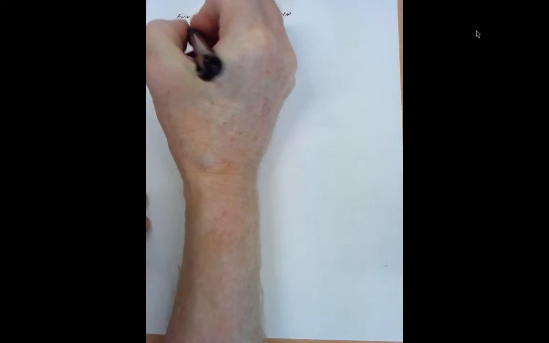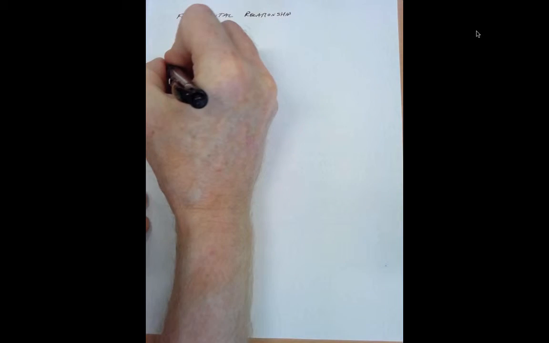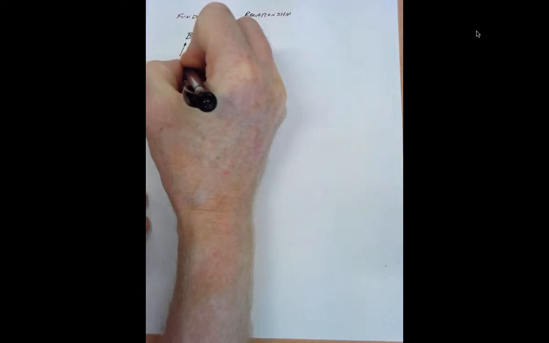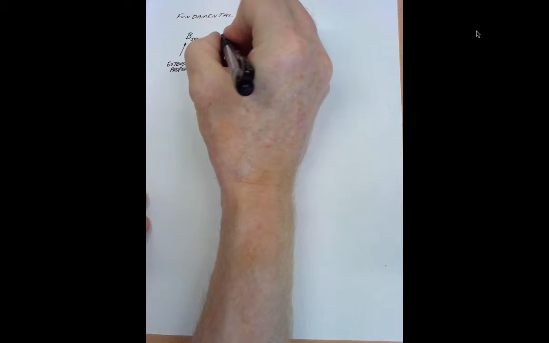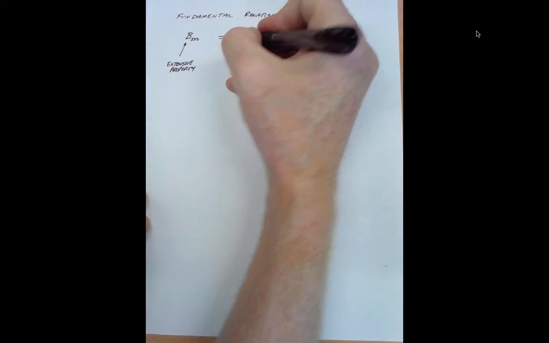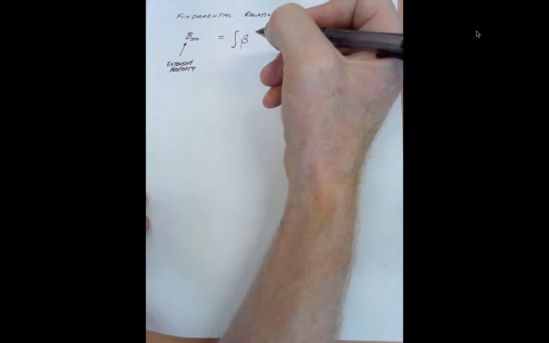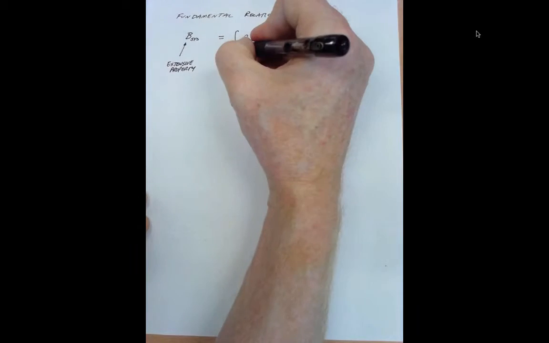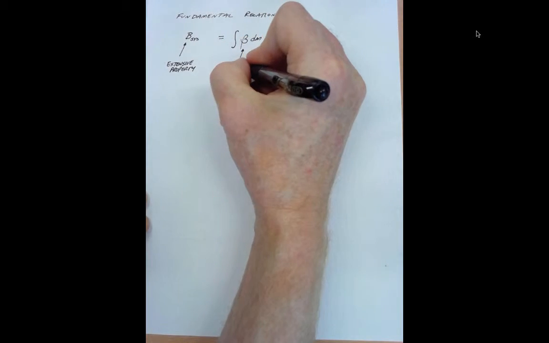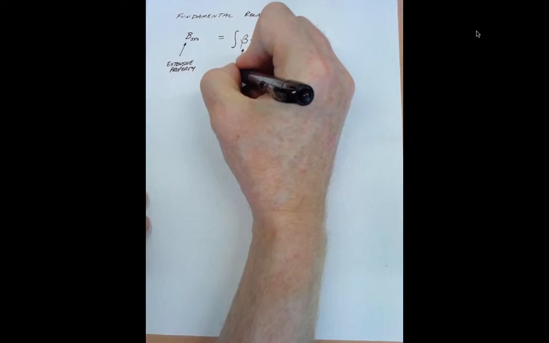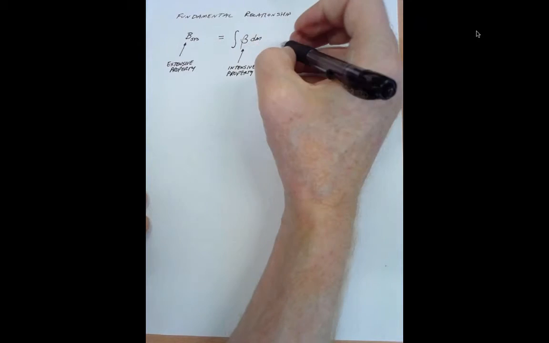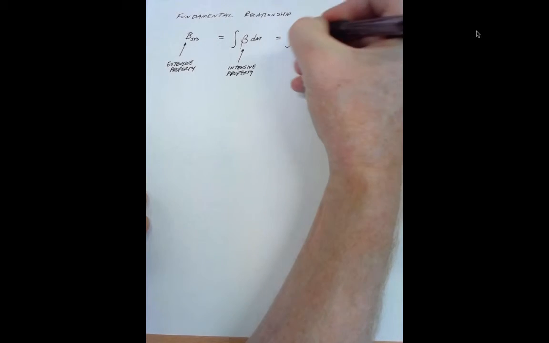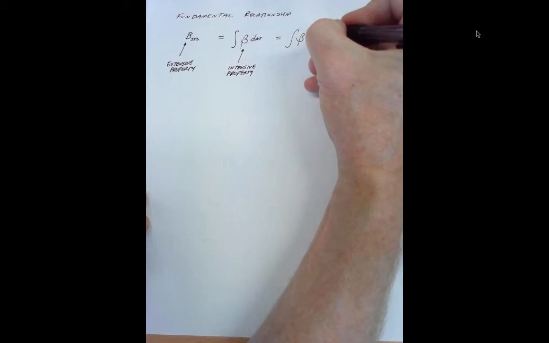B of a system, where B is some extensive property, is equal to the integral of the intensive property, as long as the intensive property is expressed per unit mass, with respect to mass, which in turn is also equal to the integral of beta rho d volume.